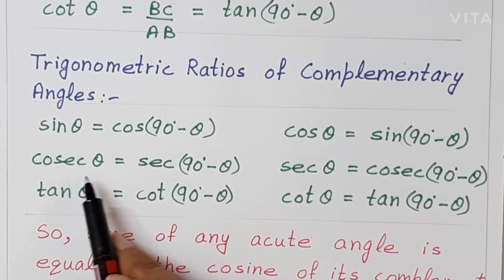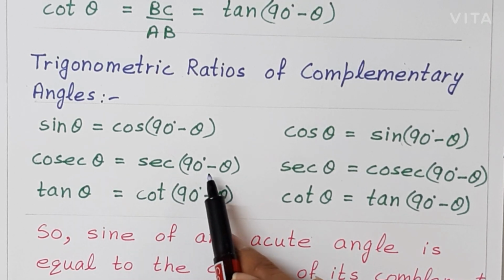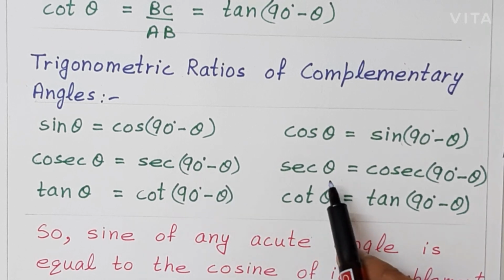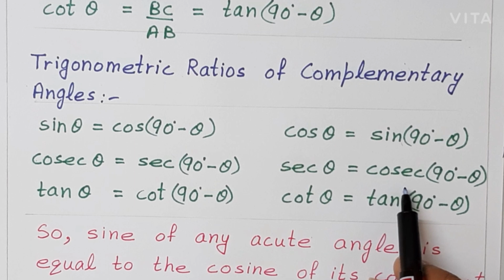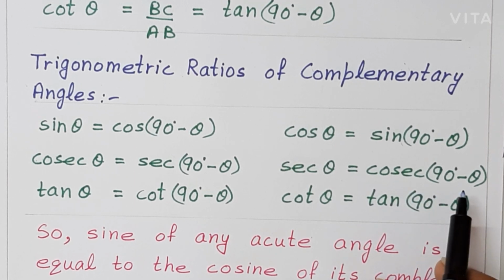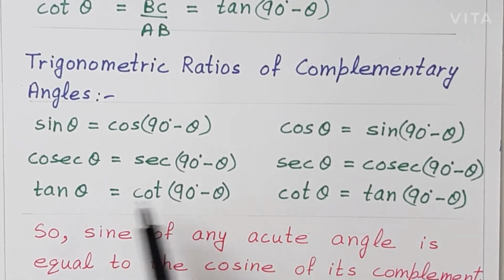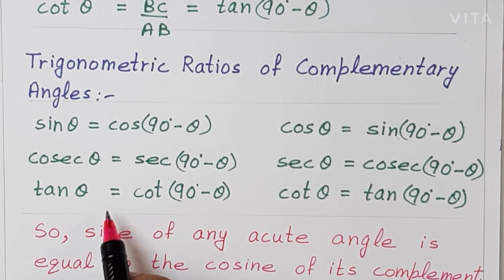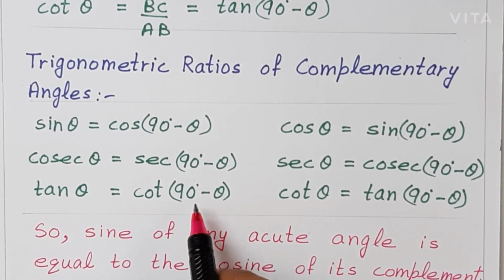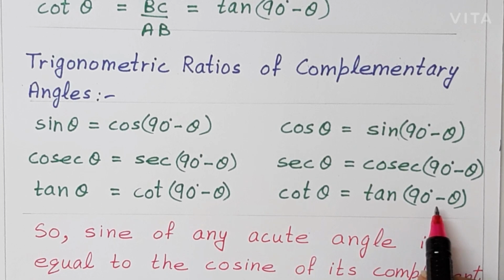Similarly, cosecant theta is equal to secant 90 minus theta, and secant theta is equal to cosecant 90 minus theta. And the last one is tangent and cot. So tangent theta is equal to cot 90 minus theta, and cot theta is equal to tangent 90 minus theta.